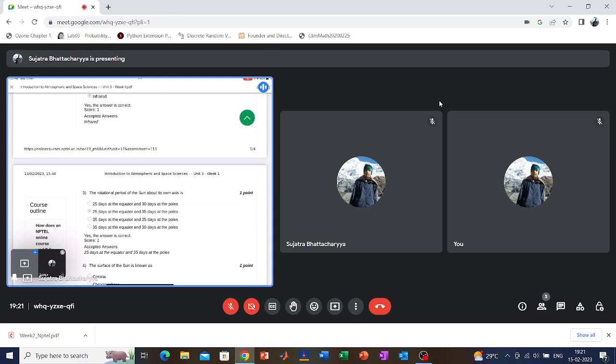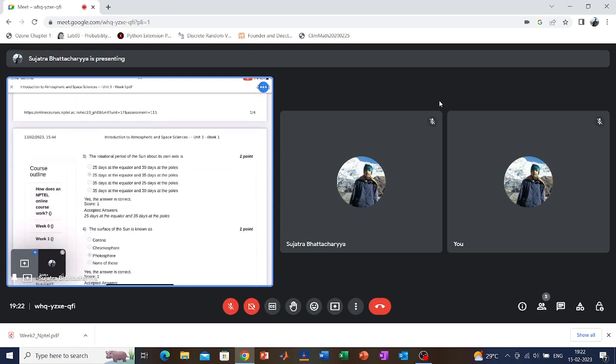In week 1 it is presented as 24.1 and 29.1. In week 2 it is presented as 25 days and 35 days. But it is just to show that there is a smaller number of days at the equator and a larger number of days at the poles. So you can use this particular thing.